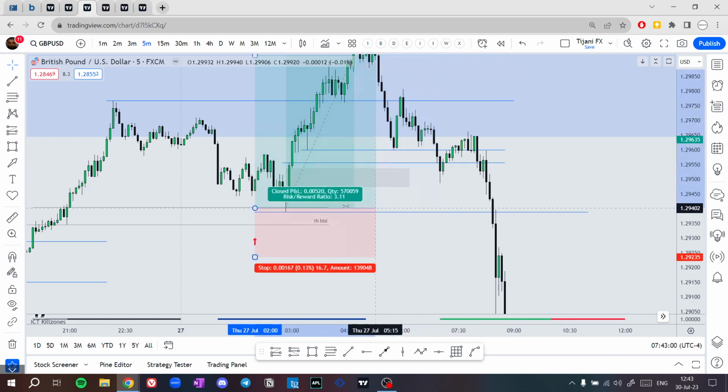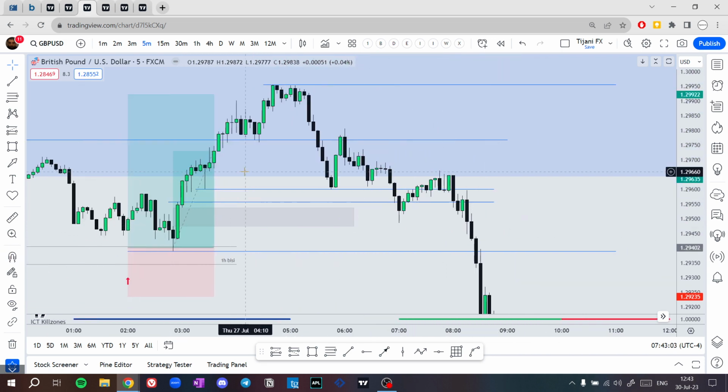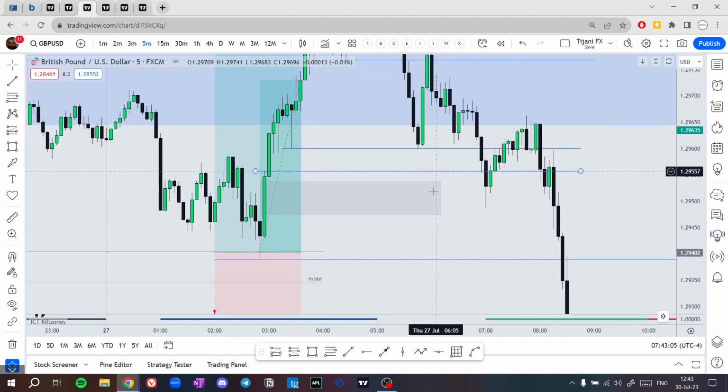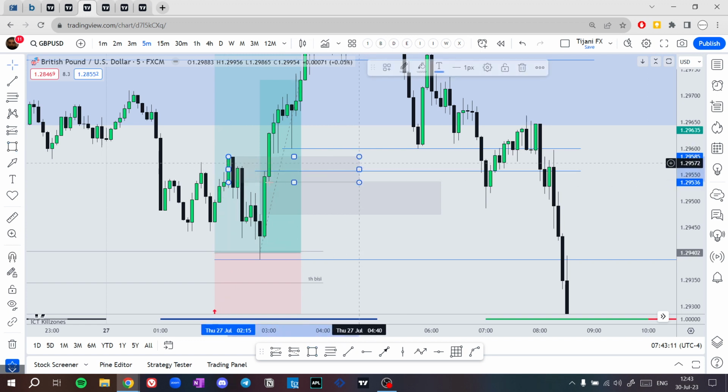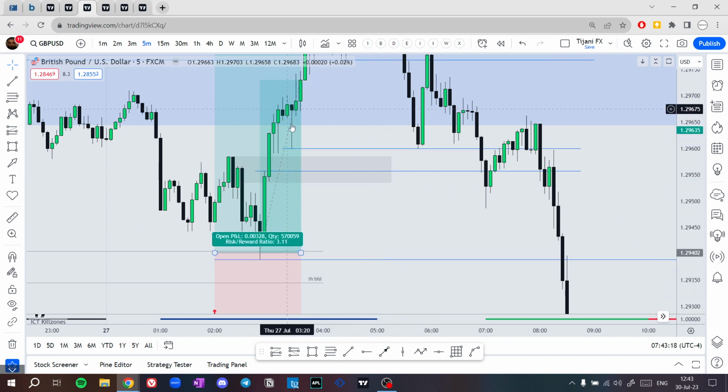That's fine, because for me, I would have entered either at this breaker here with this fair value gap, or at this fair value gap right here. I could enter here at this breaker.